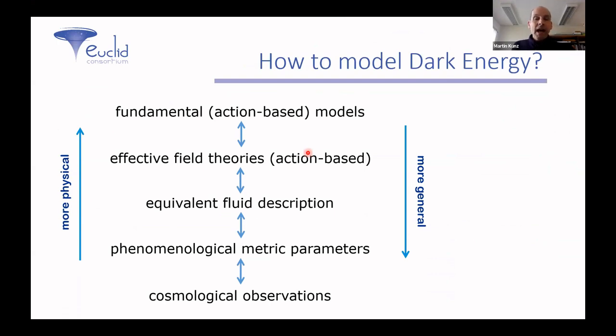So the way I think about how we model dark energy is that on the one hand, we have the actual observations which observe these pictures and which we turn into catalogs. And on the other hand are the models that we consider as kind of fundamental, which are typically action-based.